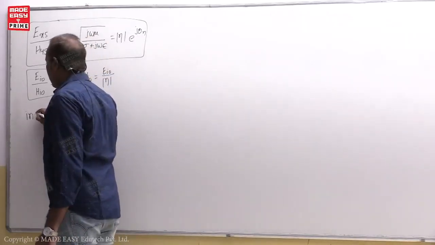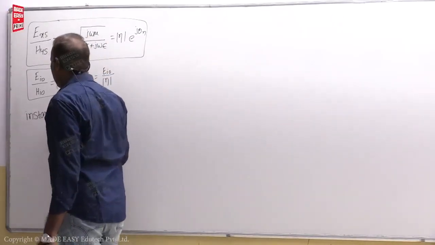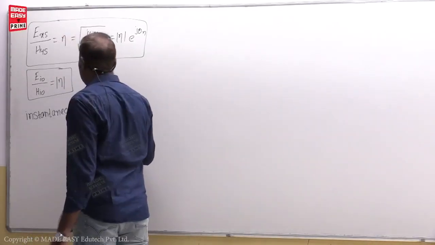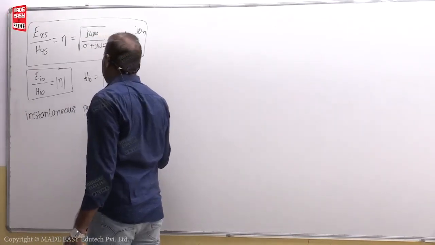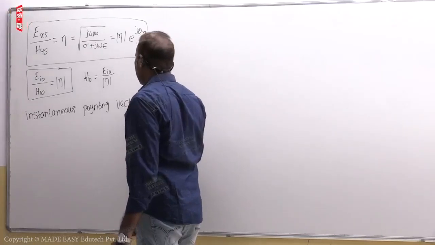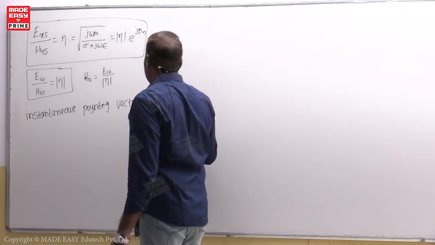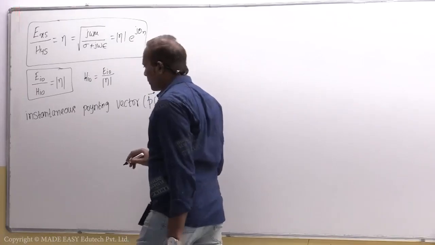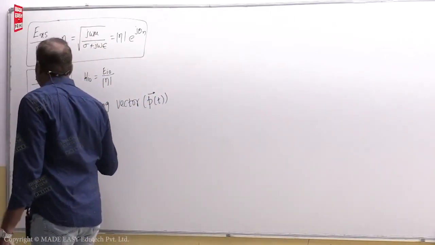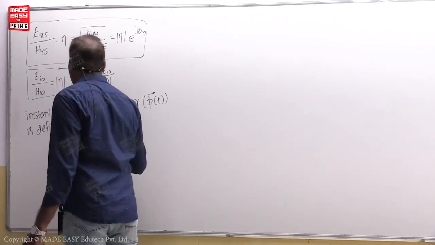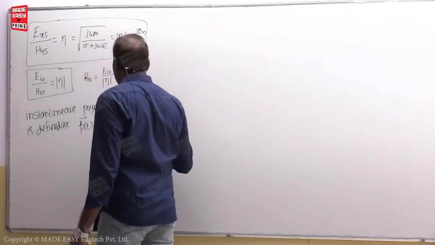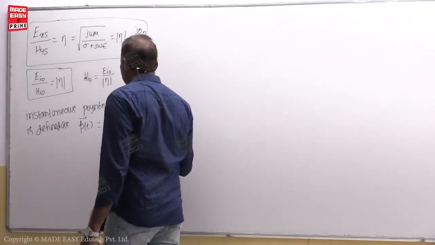Instantaneous Poynting vector: Poynting, a researcher, defined the instantaneous Poynting vector, small p of t, which is a vector, as small p of t is equal to E of t cross H of t.